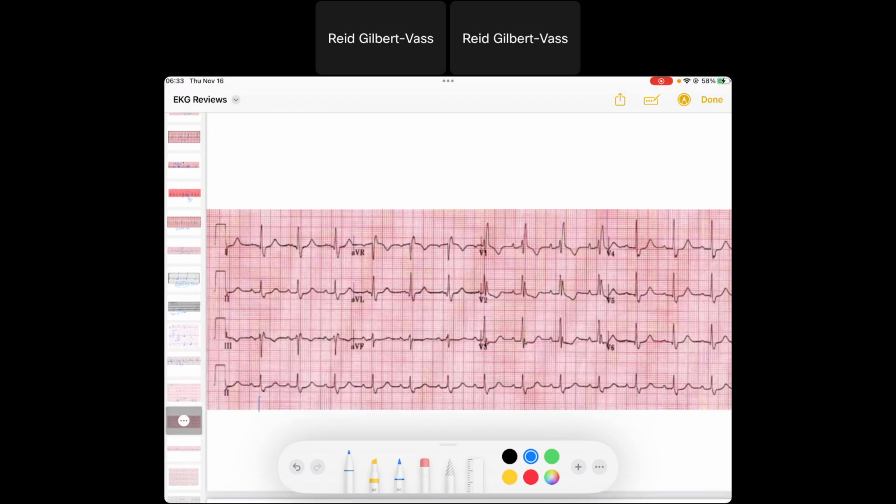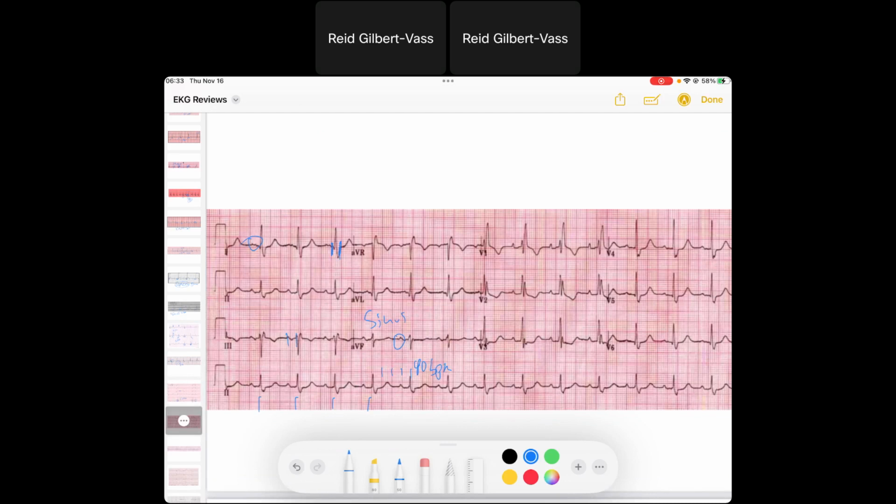So here we've got a regular rhythm. We've got a rate of 300, 150, 100, 75, maybe 80 beats per minute. We've got P waves that are up in one, up in AVF. This is sinus. We've got a normal PR interval. We've got a wide complex QRS that is greater than 120 milliseconds.